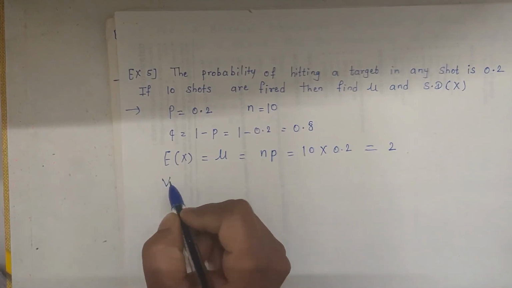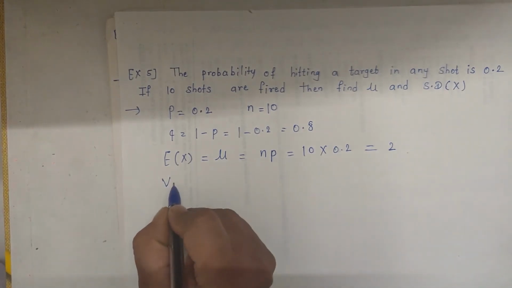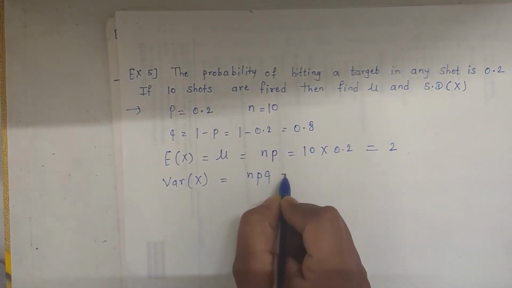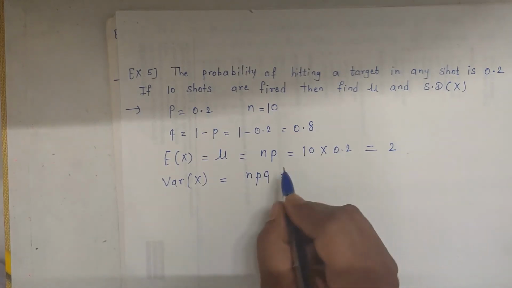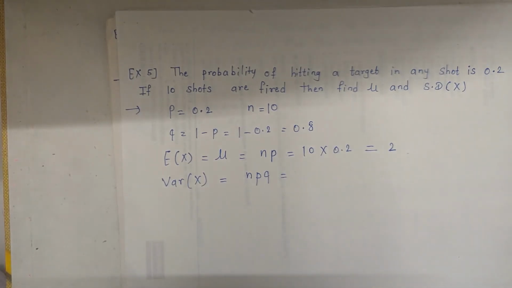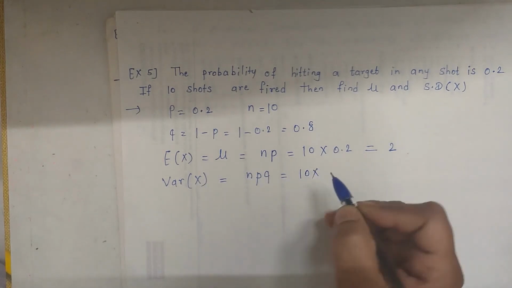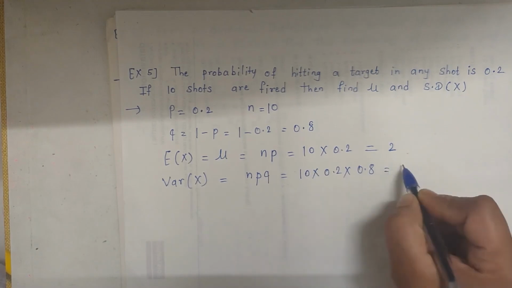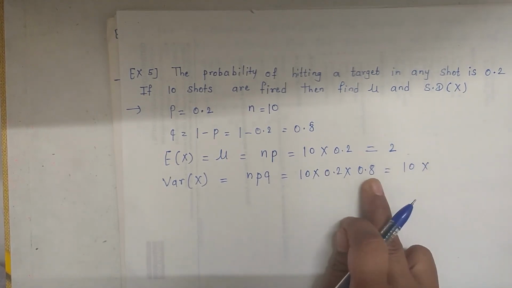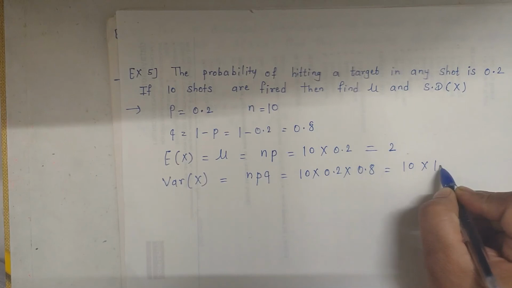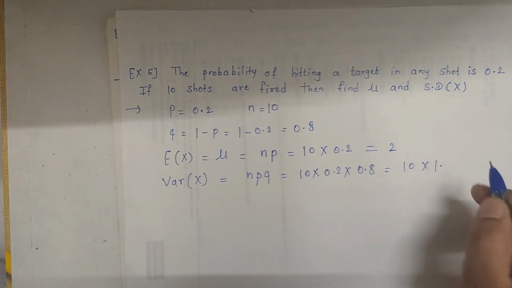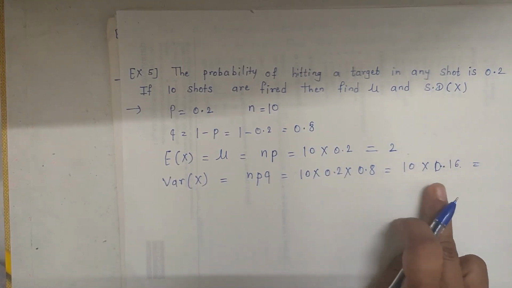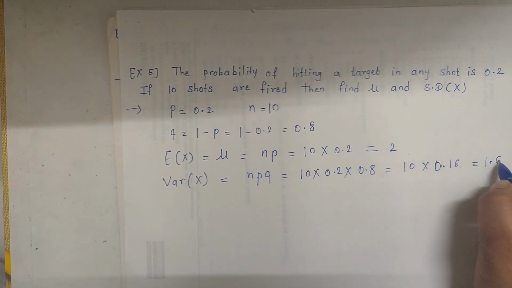Now the variance of x. We know that the variance of x is equal to n into p into q. Here the value of npq is equal to 10 into 0.2 into q, which is 0.8. 10 into 0.2 into 0.8, that is 0.16, so the answer of 10 into 0.16 is 1.6.